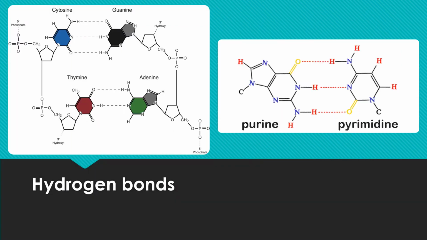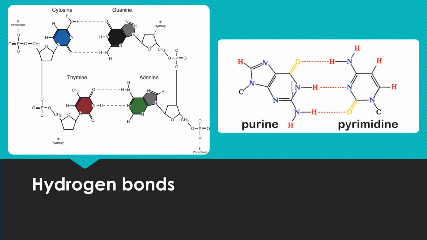So let's clear everything and continue. We have the hydrogen bonds. These are very special bonds because they keep the 2 strands of the DNA together. Hydrogen bonds are established between the nitrogenous bases. Each nitrogenous base shares a hydrogen atom with its partner.